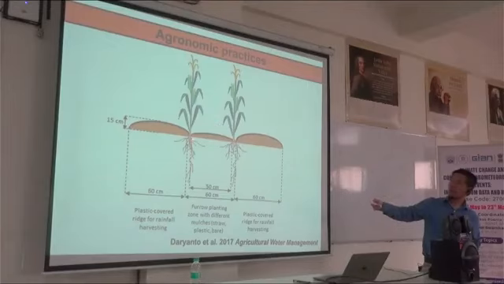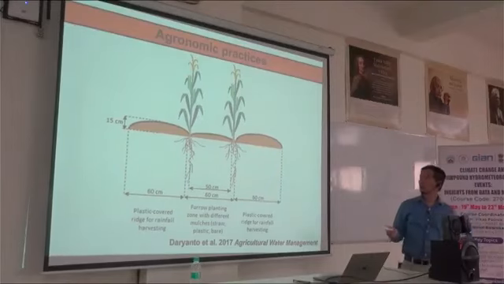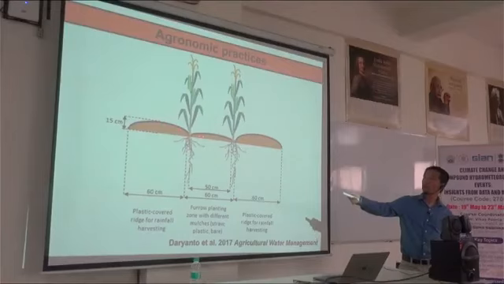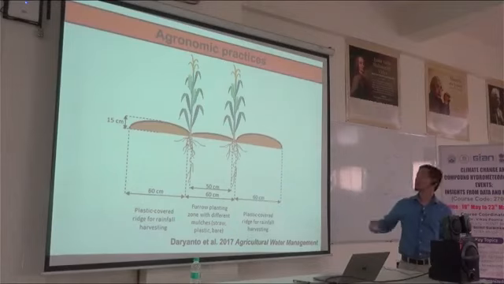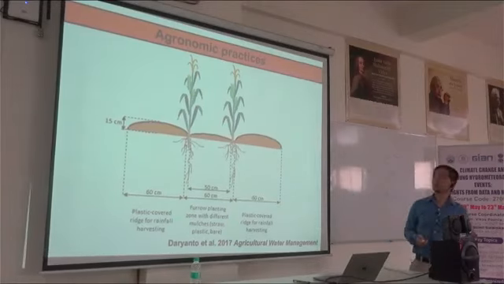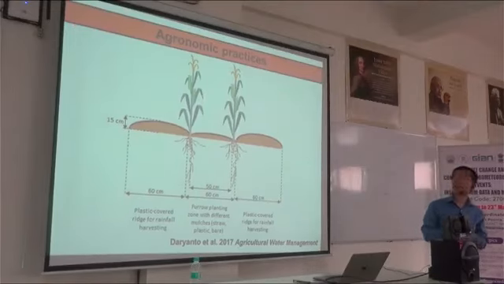You make a hole and you plant the crop there, typically maize or corn. When you have rainfall events, the water will run down into the hole, so the plant can use it, and the cover reduces evaporation. That is a very effective water saving technology.